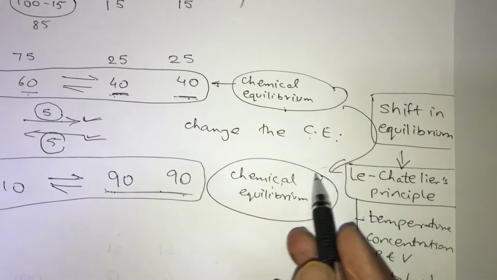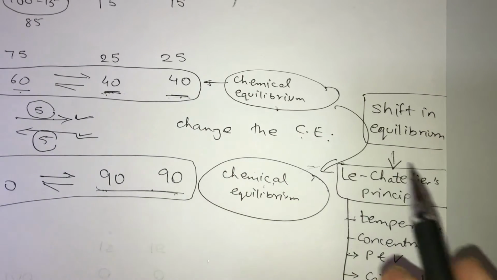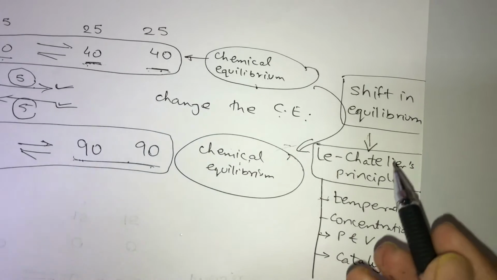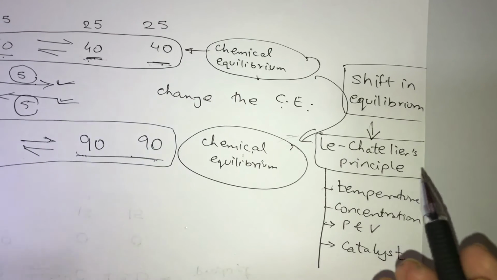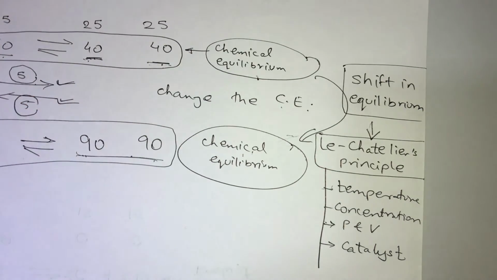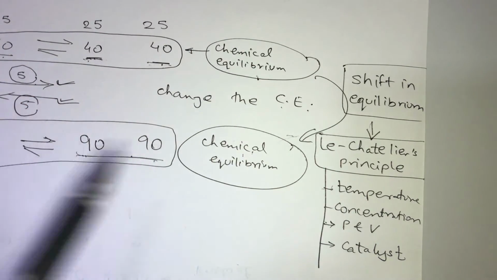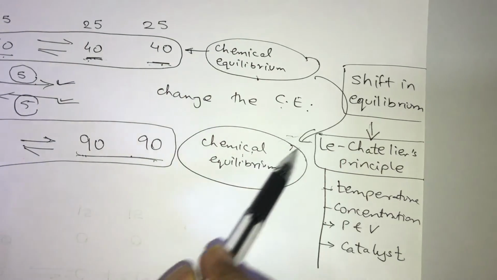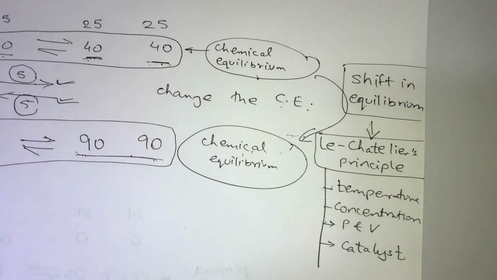You are going to change the chemical equilibrium with the help of Le Chatelier's principle. And what is Le Chatelier's principle? Le Chatelier's principle helps us to understand how will the chemical equilibrium get affected when you change the temperature, concentration, pressure and volume, and with the help of catalyst. Okay, and this change in chemical equilibrium is called as shift in equilibrium.